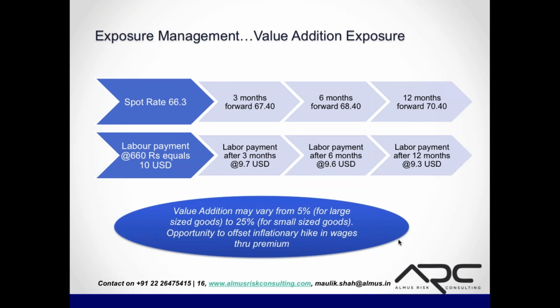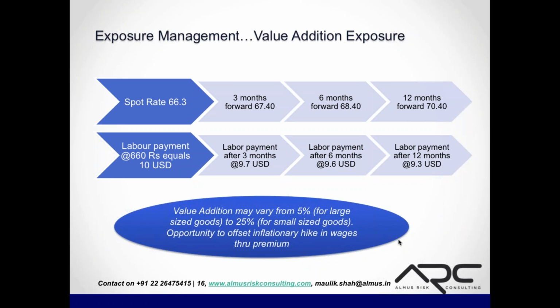Now imagine if this is not something that you have hedged. Any fluctuation in dollar rupee can start impacting the costing that you had earlier assumed, which is where it is very important that you identify this exposure looking at your own business model.